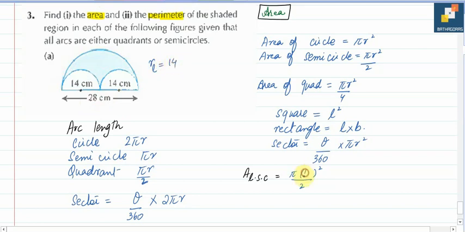So 14 square is 196, pi divided by 2, and 196 divided by 2 into pi is 307.9, so I take it as 308 centimeter square. So that is the area of the larger semicircle, right?